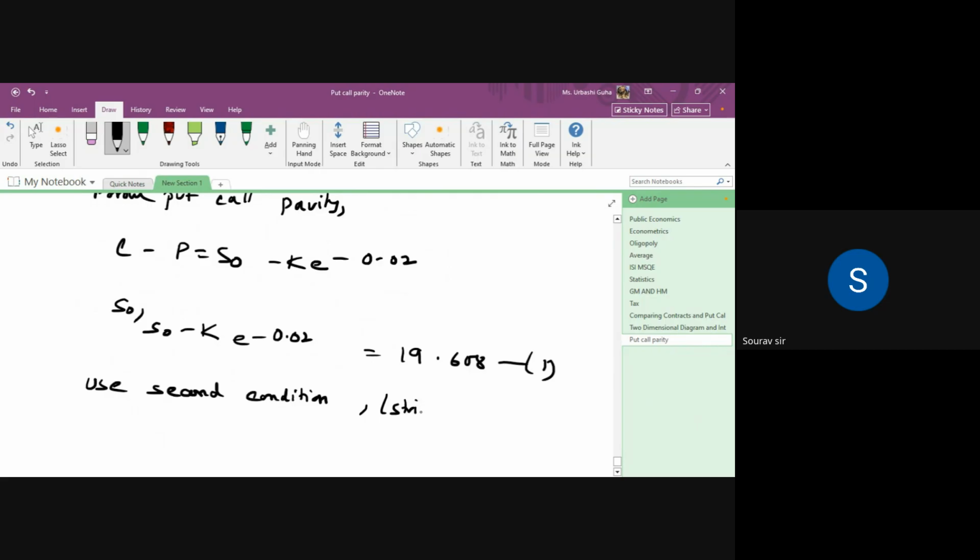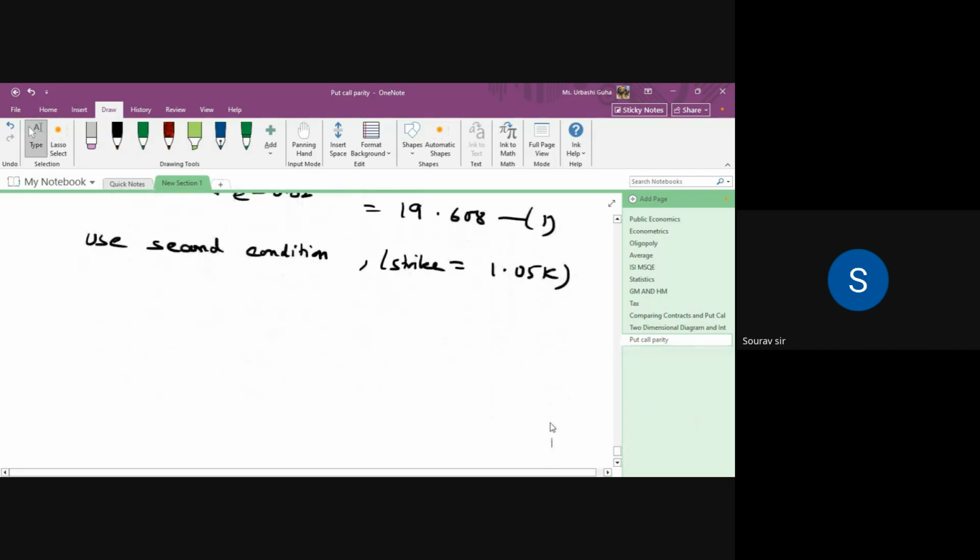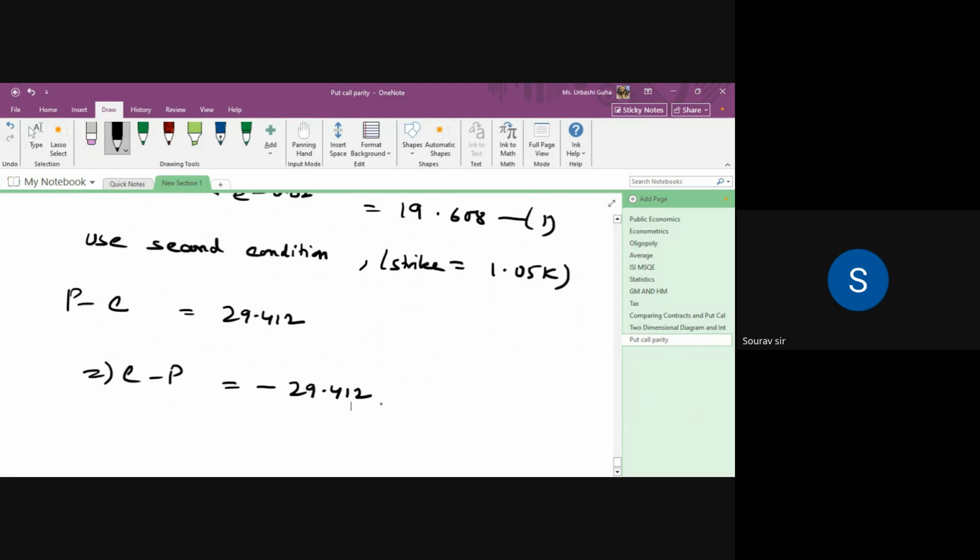So strike is 1.05K. We are told P minus C is equal to 29.412. So that is C minus P is equal to minus 29.41.